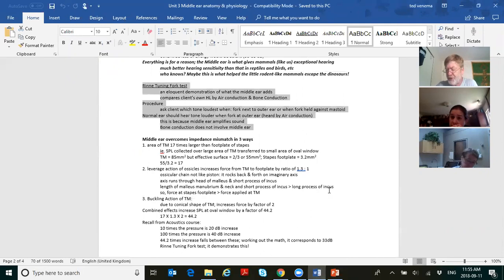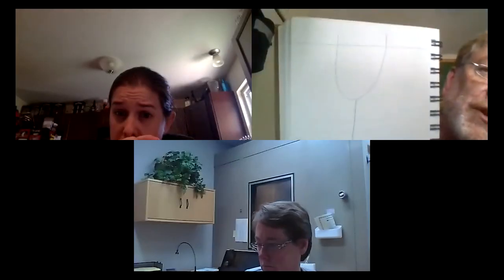So now I'm going to just show you a picture of a tuning fork. They're usually about the size of my pen, a little bit bigger, and have two things sticking out of the end of it. And let's say I took that tuning fork and went, boom.